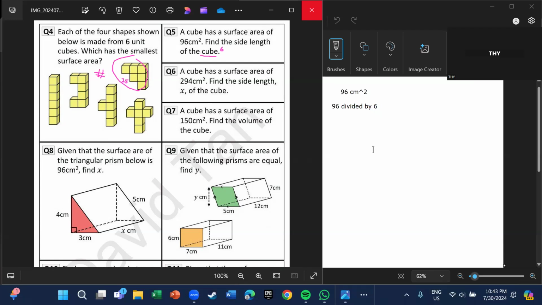The answer that you will get should be 16. Now 16 centimeters square is the surface area of each face. That's not what we want. We want the sides. So to complete it, we just take the square root of 16, and that will be 4. So hence the answer for this question is 4 centimeters.